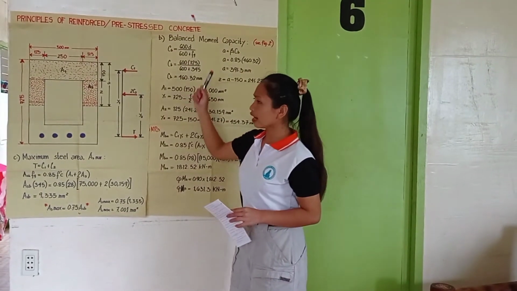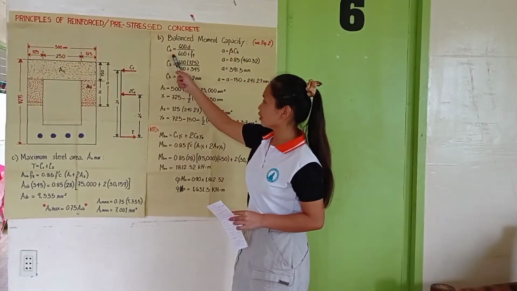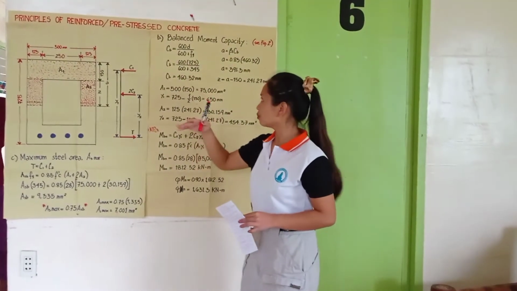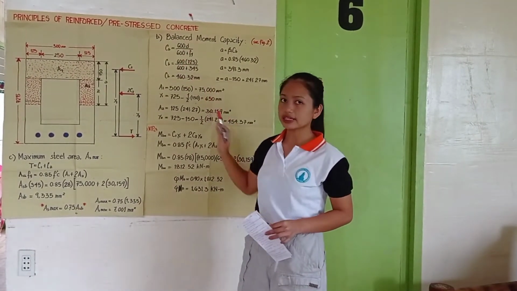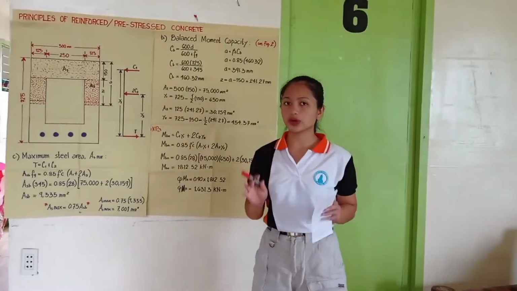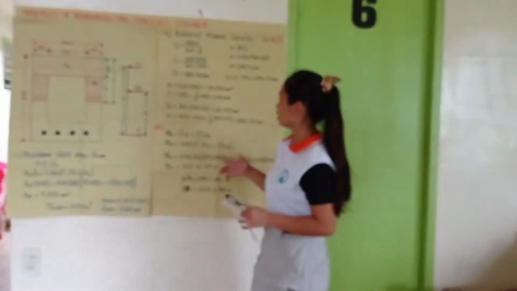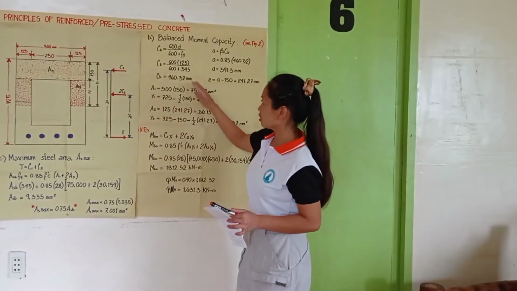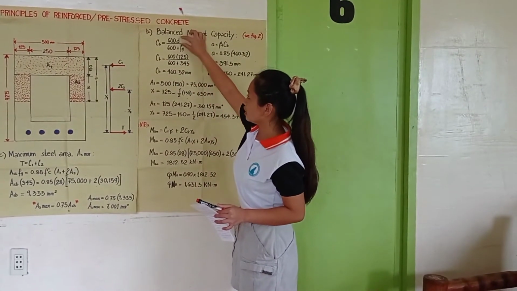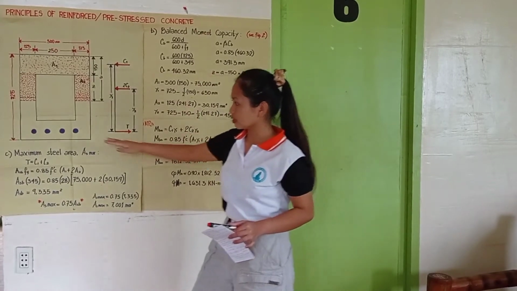First, we are going to solve for C sub B, that is the balanced compression, that is 600 times D over 600 plus Fy. Since we already know that the value of Fy is 345, we will directly substitute the values here. So that is 600 times our D, 725, as you can see.